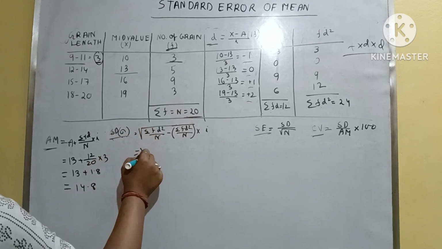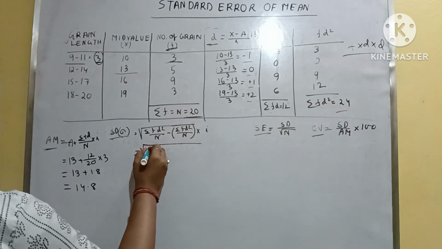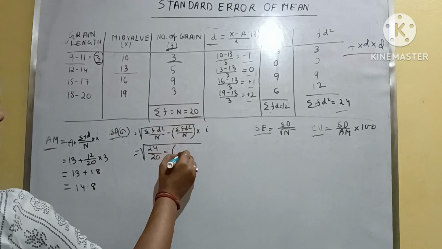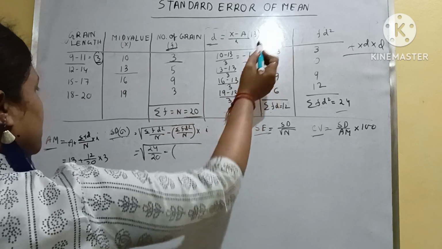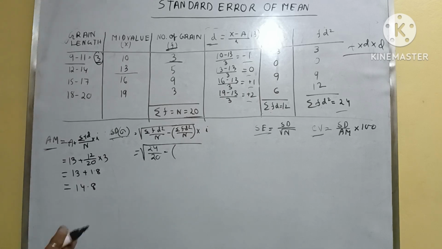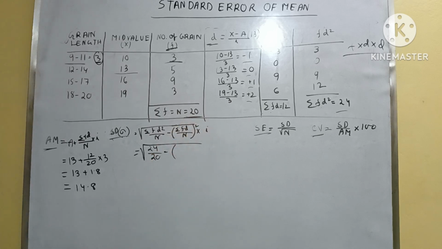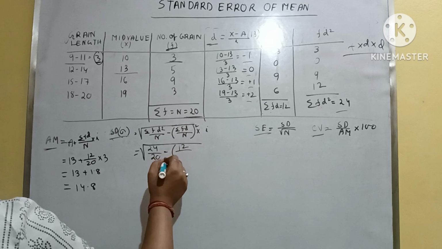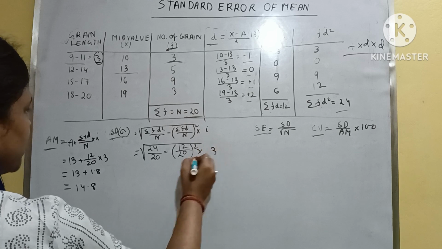Next we have to calculate the SD. That means the summation of FD square, and this value is 24. So put the value 24 over 20, this is the N, minus (summation FD by N) whole square. FD is 12 and N is 20, squared, all into I, which is 3.